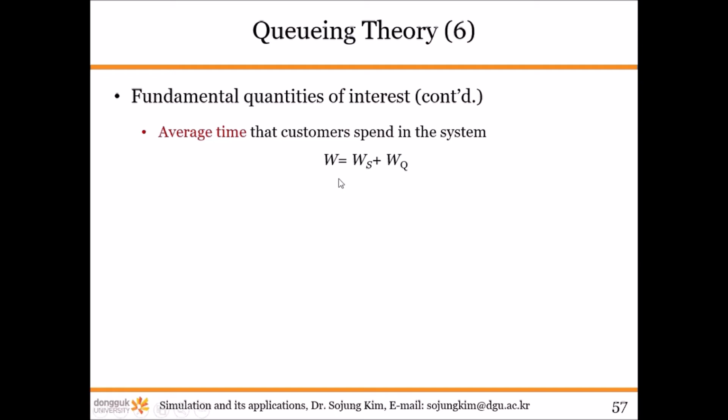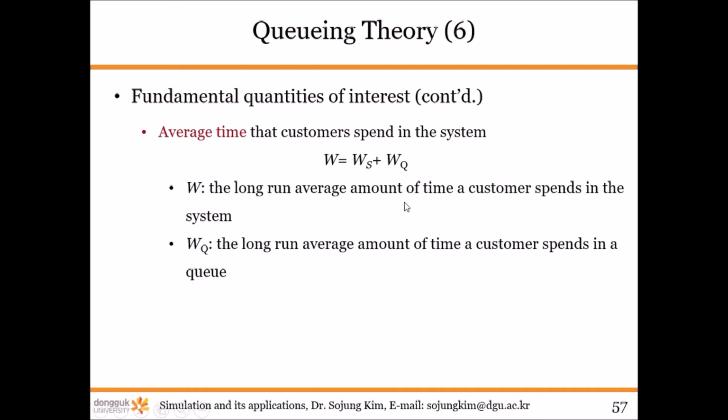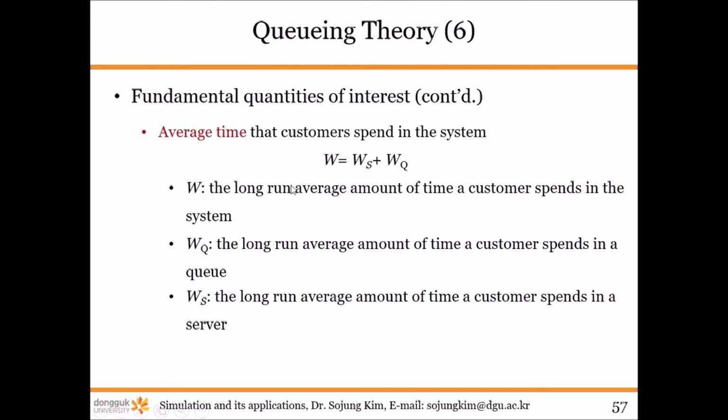So the average time in service and in queue will give the result W. W is the long run average amount of time a customer spends in the system, and WQ is the long run average amount of time a customer spends in the queue. The long run average amount of time a customer spends in the server is WS. So the summation of WQ and WS will give you W.